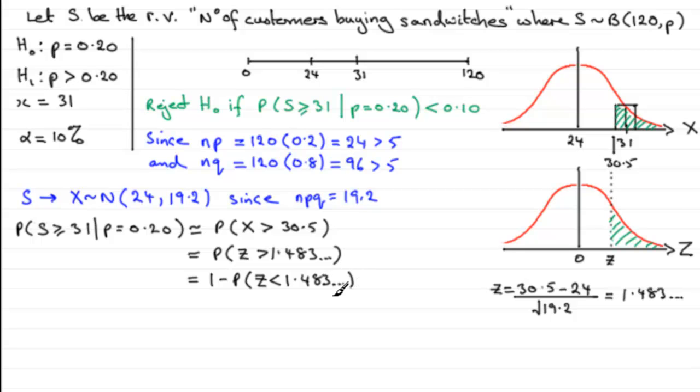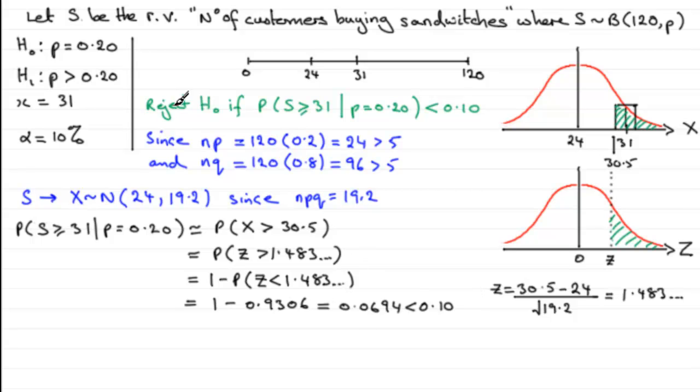And if you use your tables for this, the probability of Z being less than 1.483 turns out to be 0.9306. And if you do 1 minus 0.9306, you get 0.0694, which you can see is less than 10%, less than 0.10.